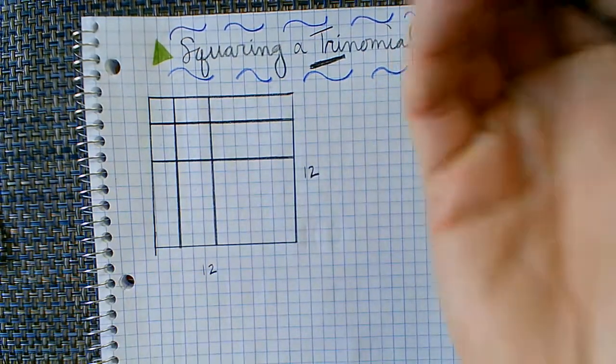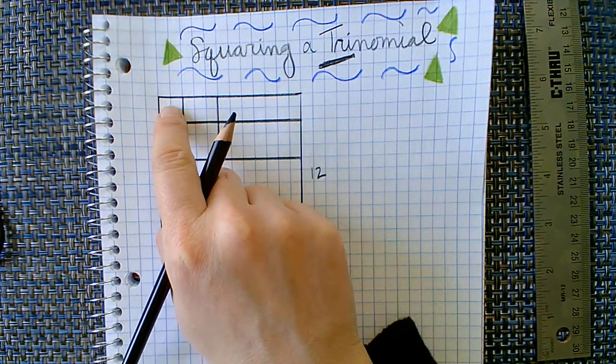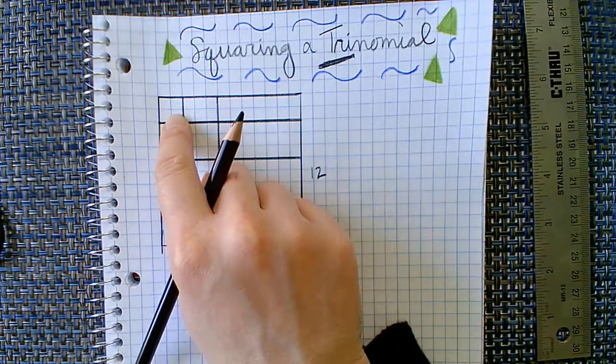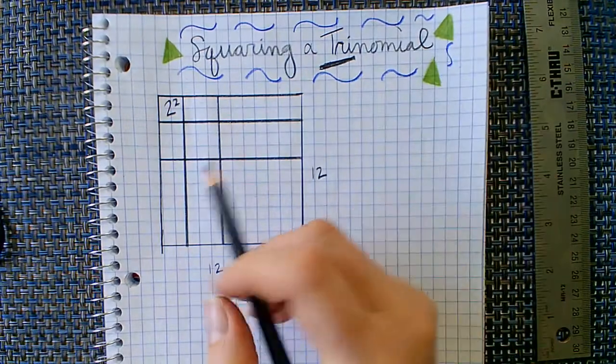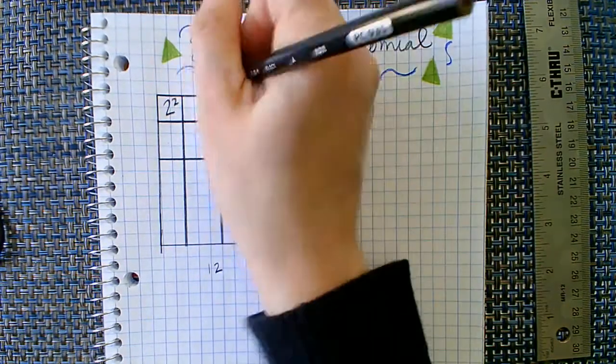So let's label what we have here. Here I have 4 squares, but I don't refer to it as just the number. I look at its dimensions, and I know that it's 2 by 2, and I can call that 2 squared. Here I have 3 times 2.